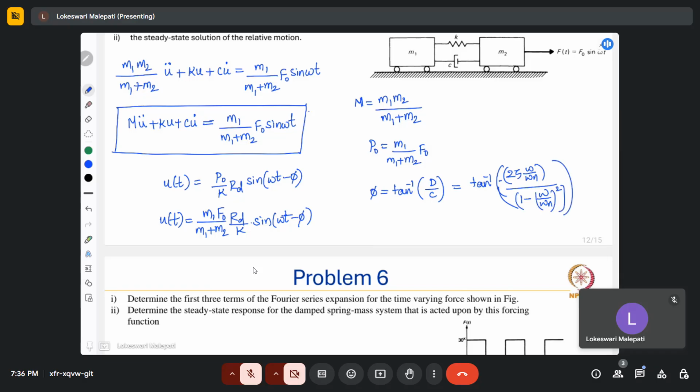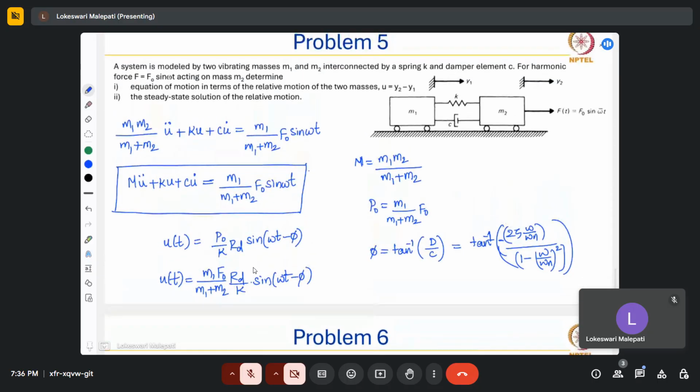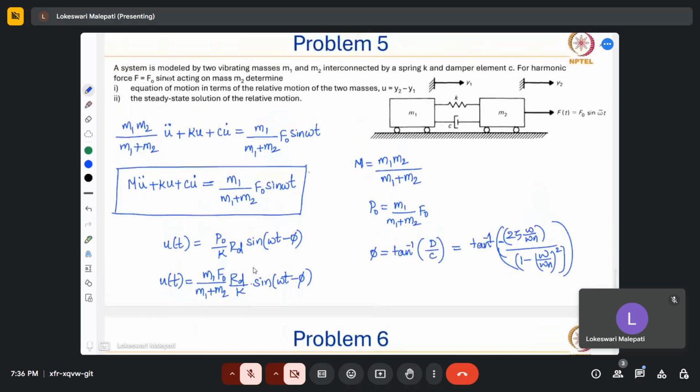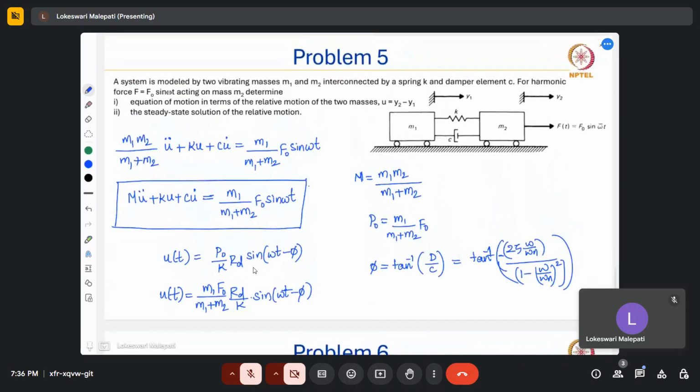So the denominator terms will get cancelled because they are the same. So this is the total equation of motion, the steady state solution for the relative motion. So this is the solution for this problem.